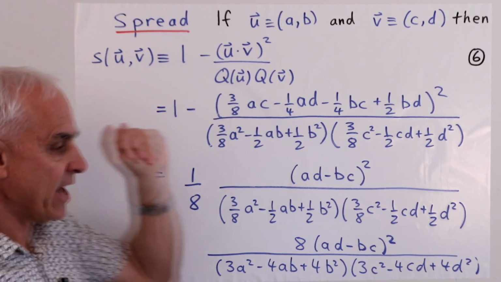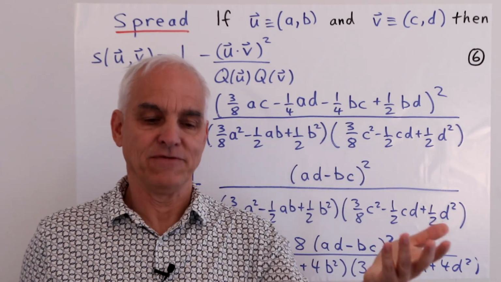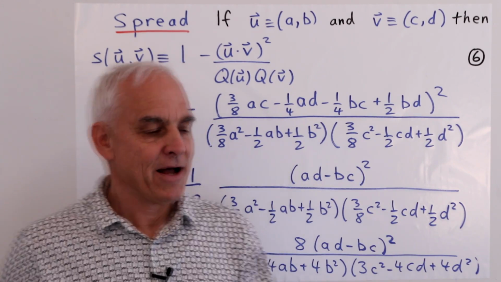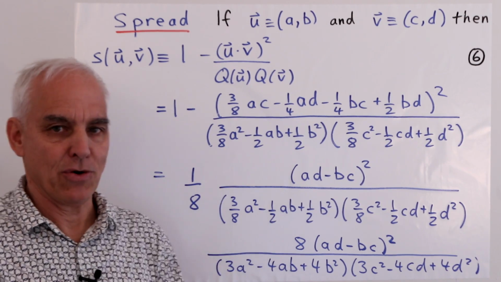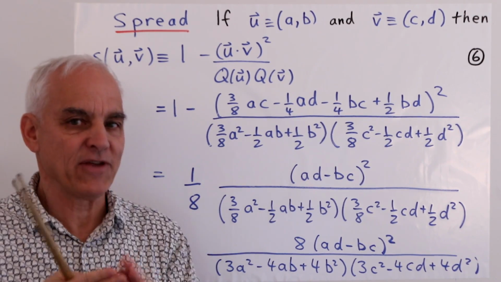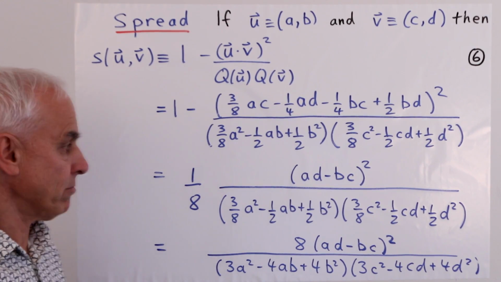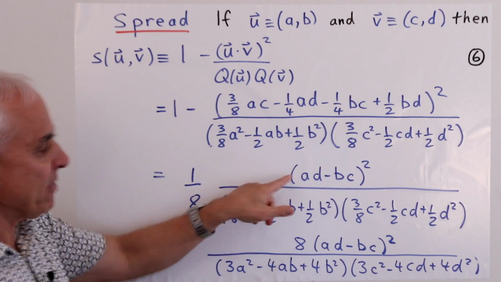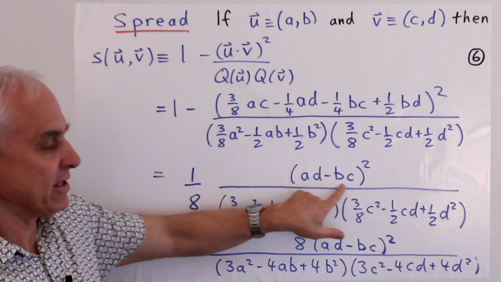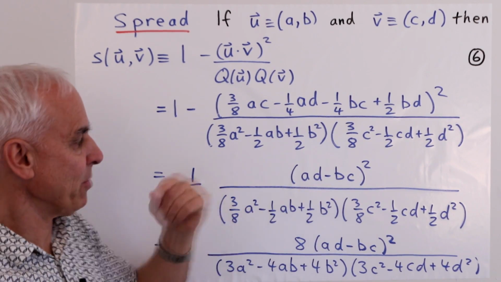And just as in the other kinds of situations that we've been looking at, there is a remarkable simplification or alternate form for this spread, which almost miraculously, but it's really not such a surprise, ends up involving our AD minus BC cross product term in the numerator.